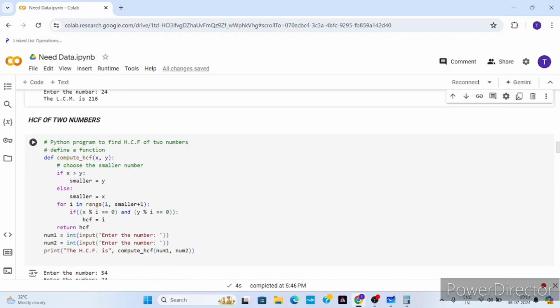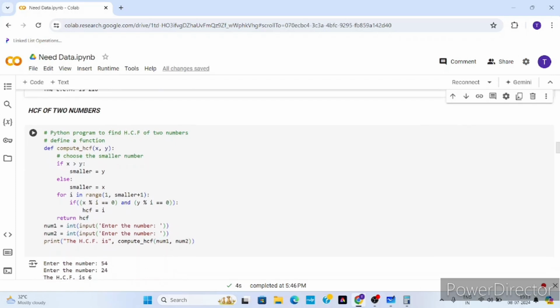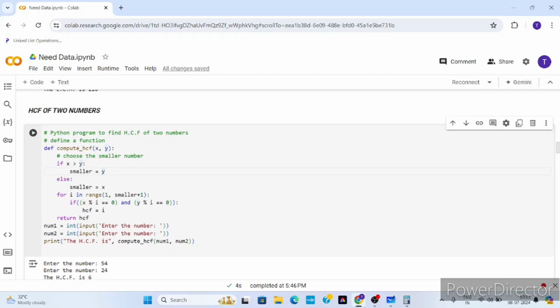Next for HCF. HCF means highest common factor. So here we are going to find this HCF. You can calculate it in the same way. In this case we choose the smaller number. In our case the smaller number is y, like 24. Okay.